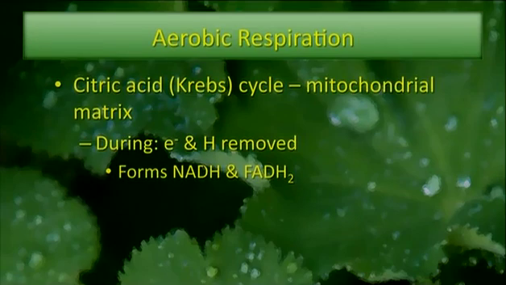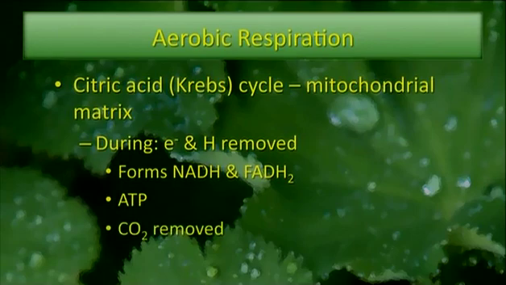So NADH and FADH2 are just electron carriers, so don't get too scared about the acronyms and all the words. ATP is formed. Carbon dioxides are removed. So during the Krebs cycle, you have the complete breakdown of what was originally the glucose molecule.